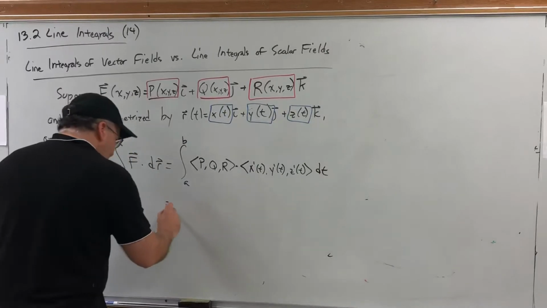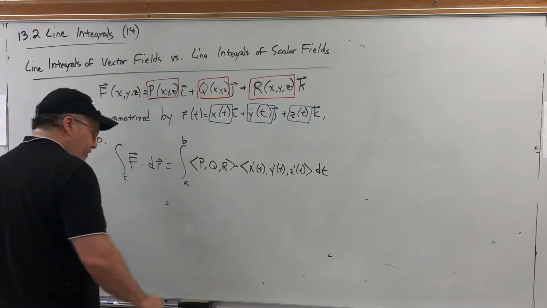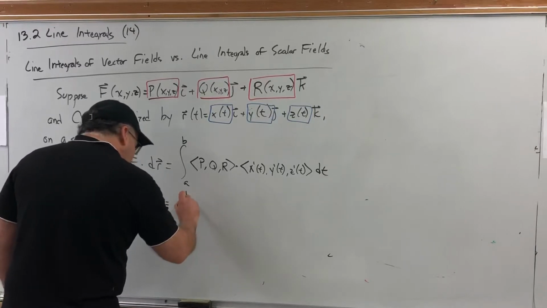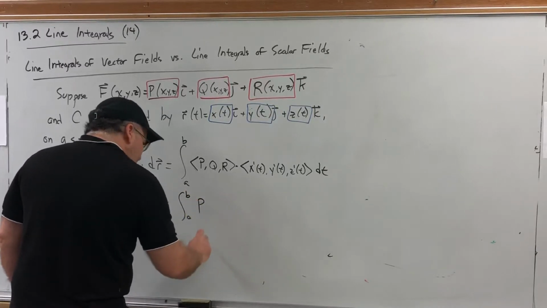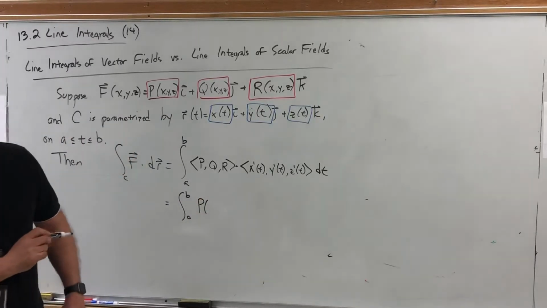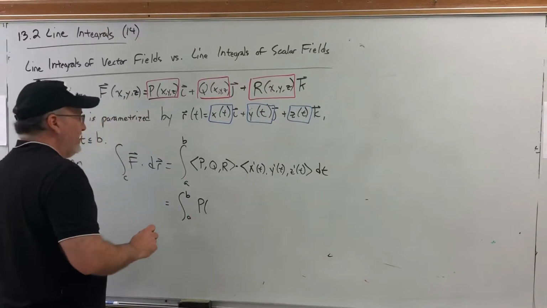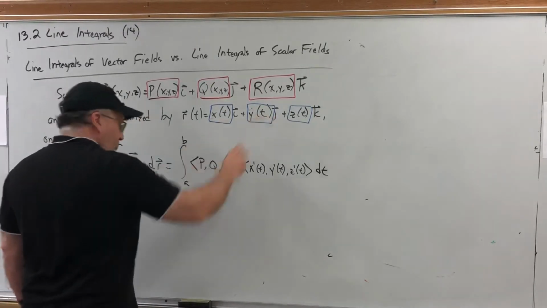Well, to form a dot product, you just take the sum of the products of the corresponding components. So it would be the integral of P, we'll say P of, do we need to get more explicit here? Yes, P has 3 inputs, x, y, and z, but each of those are functions of t.